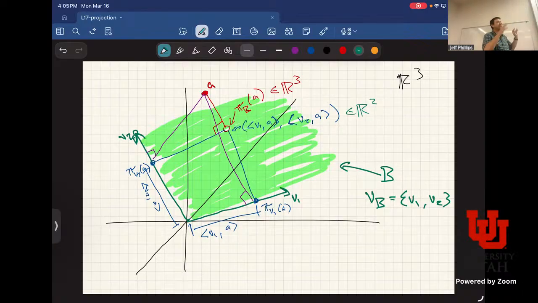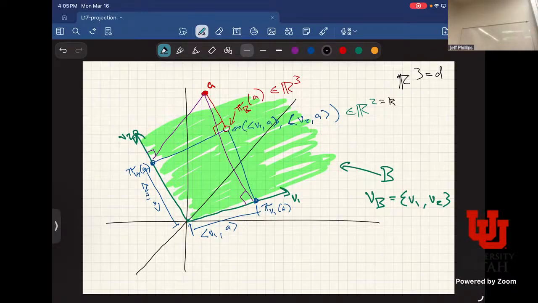Okay, so now I've kind of gone from R^D, where D was equal to 3, down to R^2, where K is equal to 2, right? So now we think of 3 as D, and 2 as my K. I've gone from 3 down to 2. Okay, but the same sort of framework works from 1,000 dimensions down to 10 dimensions.